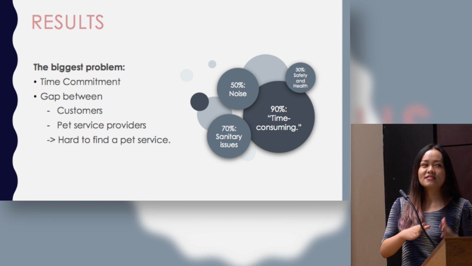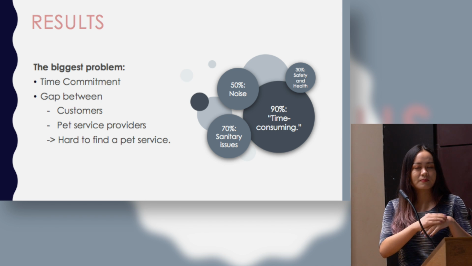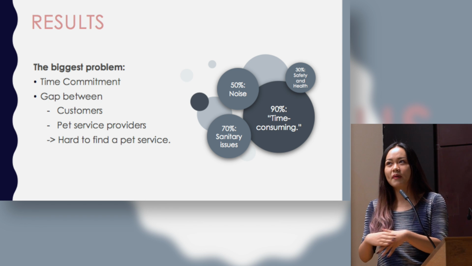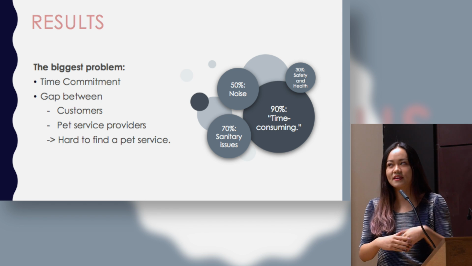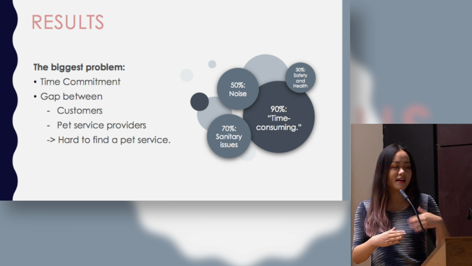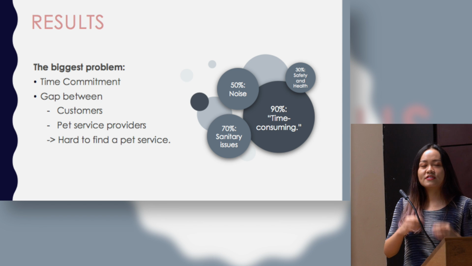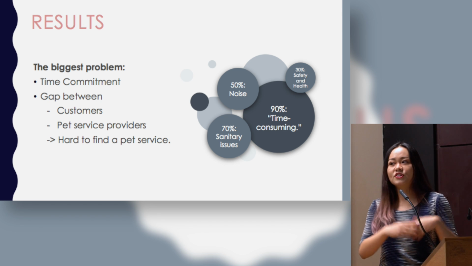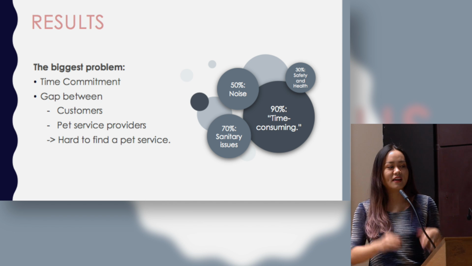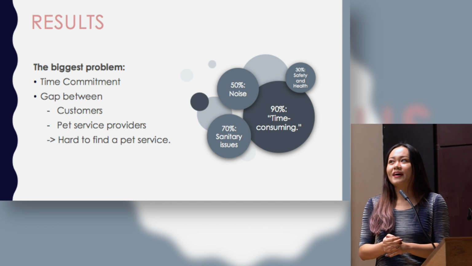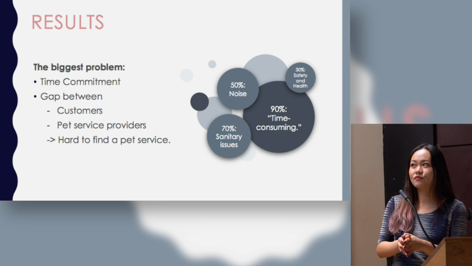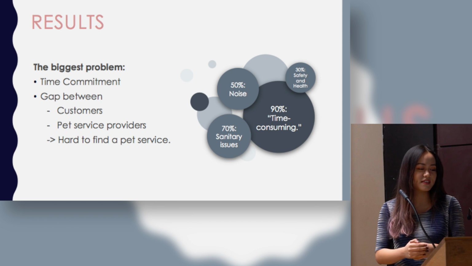And as they have a tight schedule, they are more willing to pay for the pet service to save their time. But there's a gap between them and the pet service providers, because there's no platform for them to directly connect with the pet service provider. The only choice they have right now is to search on Google, but that actually takes a lot of time and is not quite easy to find reliable pet services.